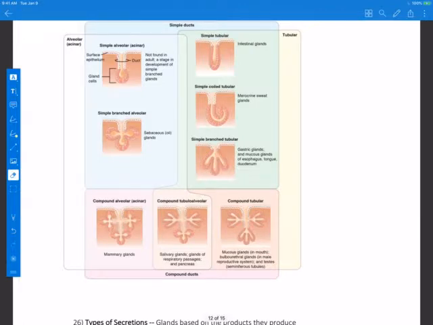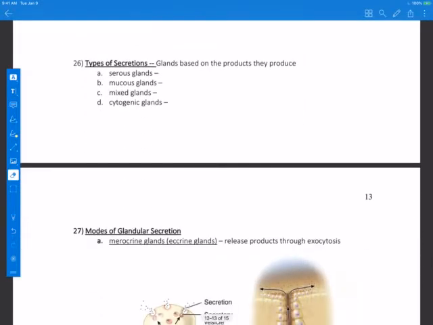Okay, you can also classify exocrine glands based on their type of secretions. Okay, so glands produce different products. At least exocrine glands do. So serous glands produce a thin, watery secretion.